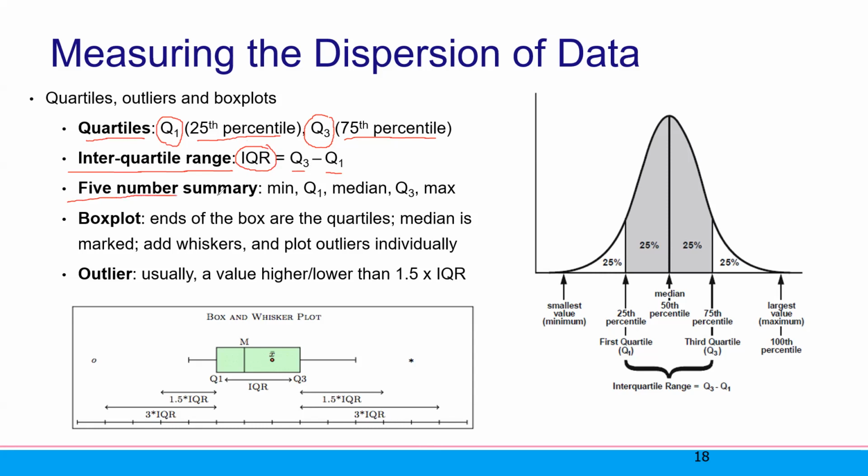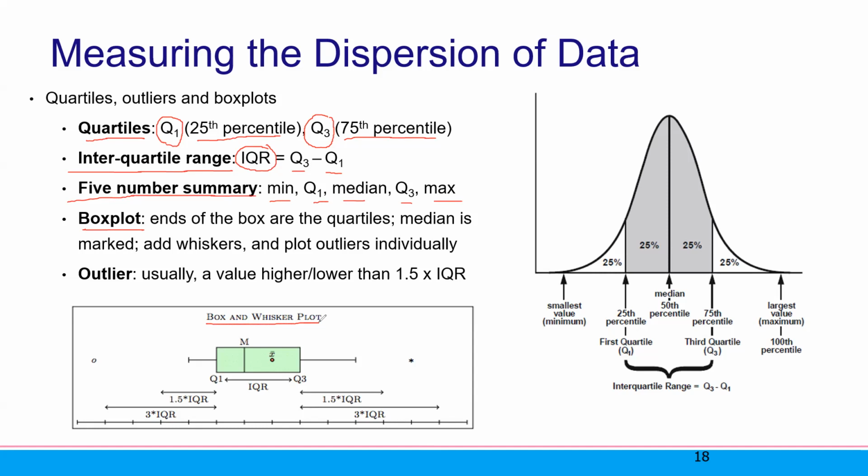In the 5-number summary, when you want to check your data, it is good to show the 5-number summary, which is minimum, Q1, median, Q3, and maximum. So the box plot, actually, it is a box. Some literatures mention it as box and whisker plot.